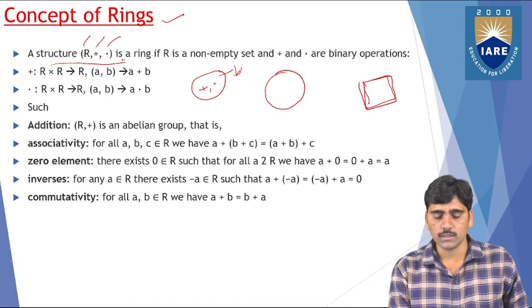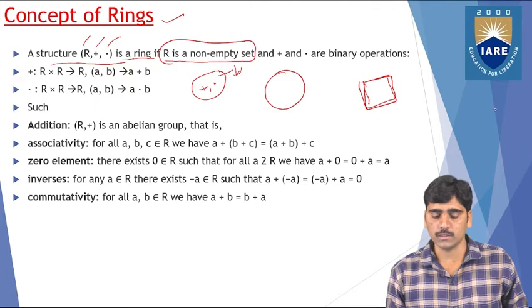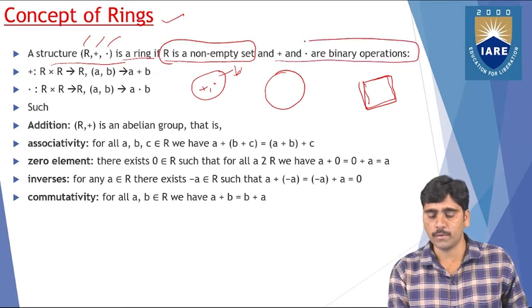It is a ring if R is a non-empty set, which indicates it has some elements. It is the order of a group, the order of a ring also. So R is a non-empty set, and plus and dot are binary operations.